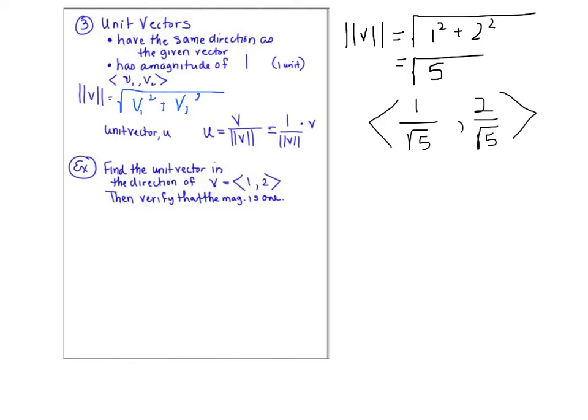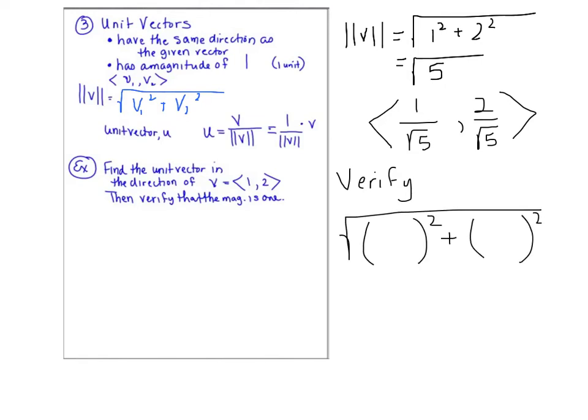And so now we want to verify. To verify that its magnitude is 1, we're going to put it in the square root. So I will have this, and what I'm hoping is this equals 1. So that's what I need to verify. I've got 1 over the square root of 5, and 2 over the square root of 5.